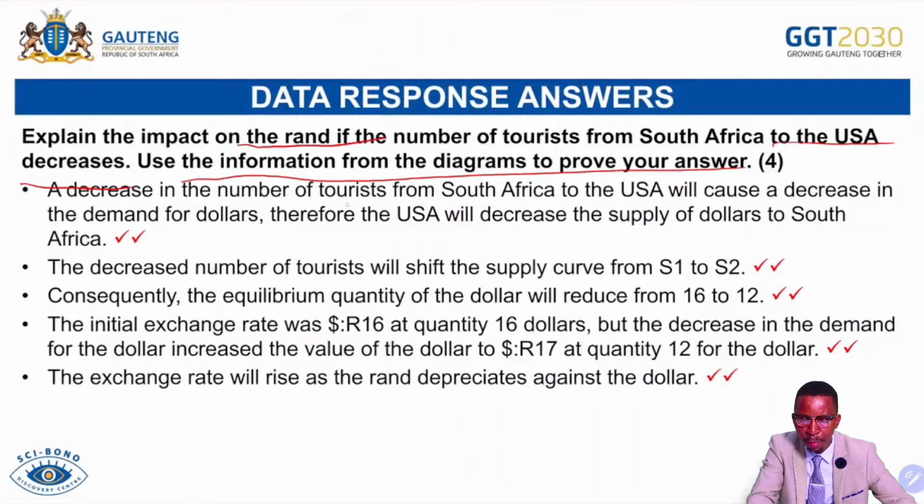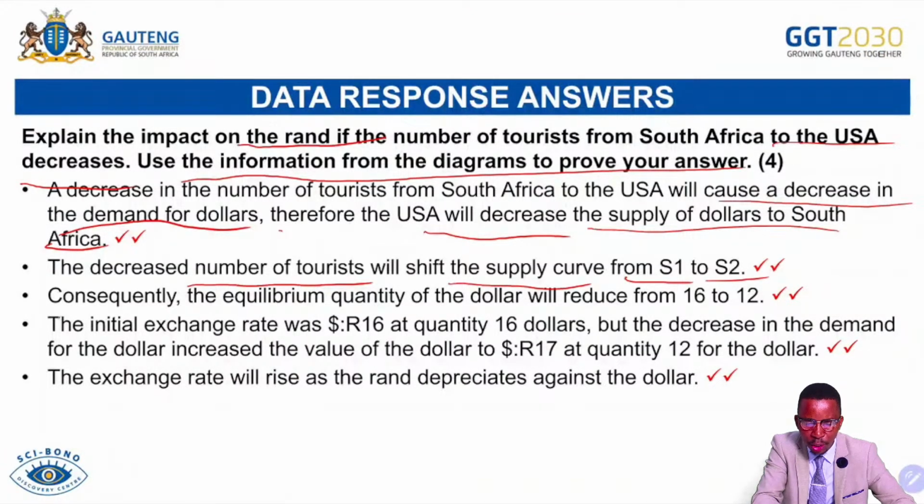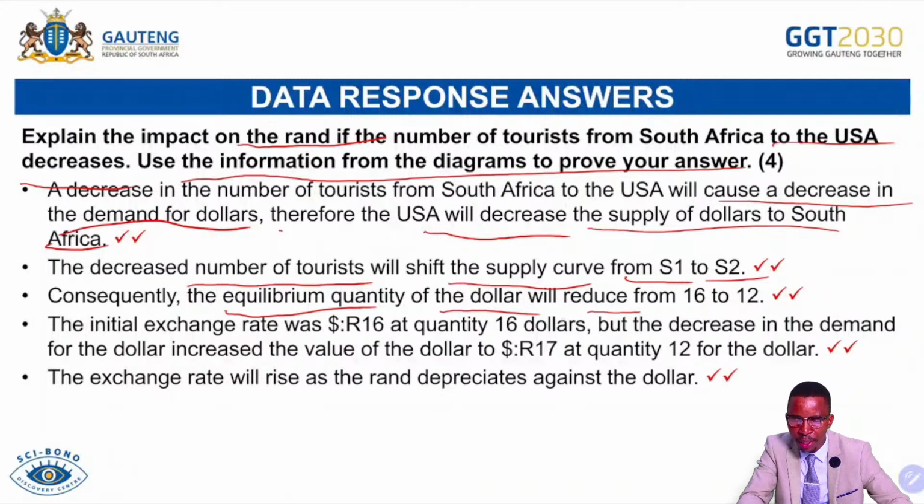A decrease in the number of tourists from South Africa to USA will cause a decrease in the demand for dollars. Therefore, USA will decrease the supply of dollars to South Africa. The decrease in the number of tourists will shift the curve from S1 to S2. Consequently, the equilibrium quantity of the dollar will reduce from 16 to 12.